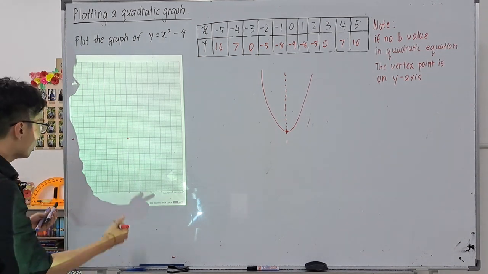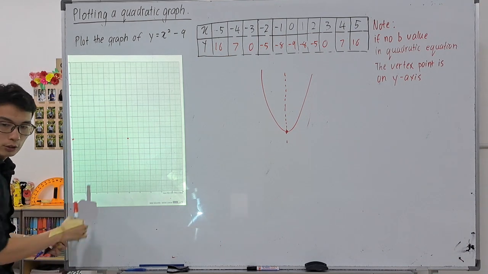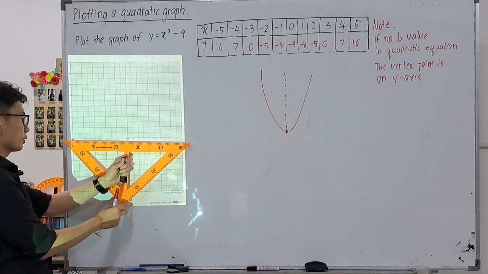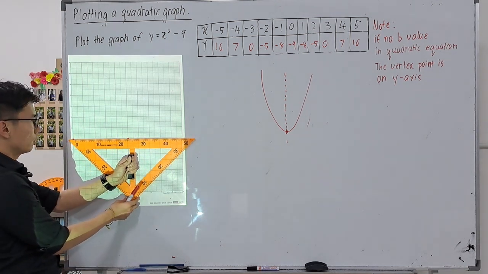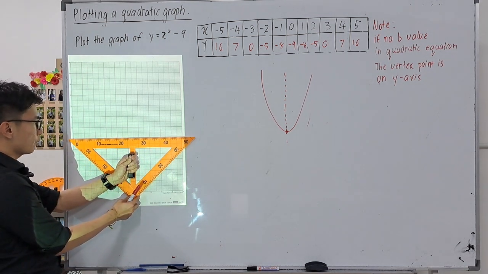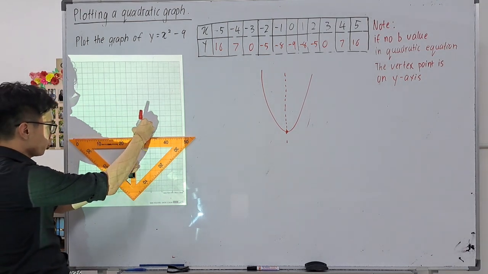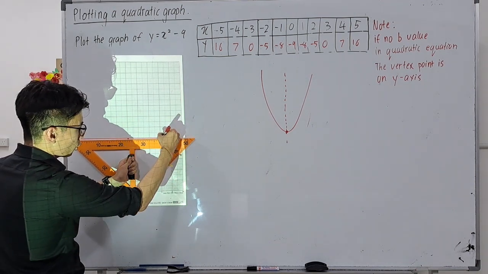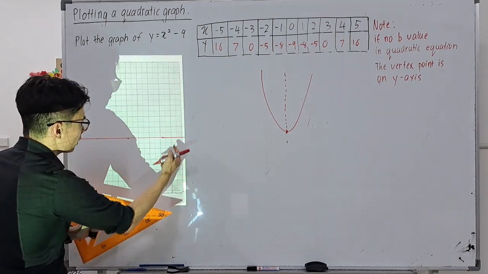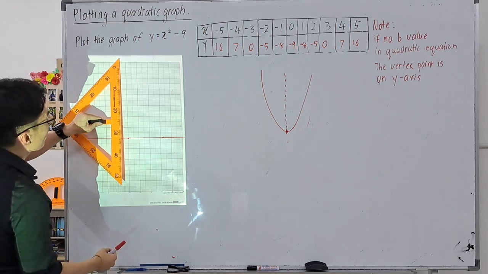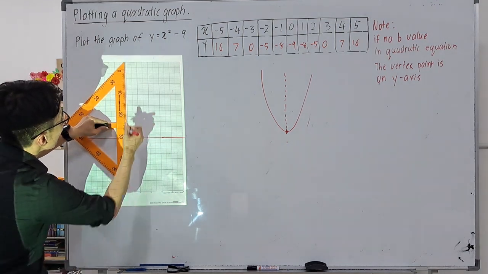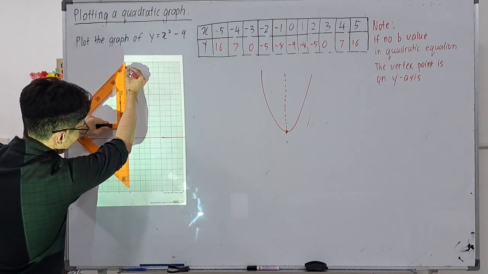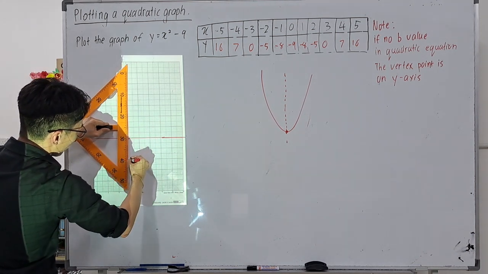So let's now draw our graph. I'm just going to draw my lines, and we can start drawing our coordinates. Again, just a quick tip for everyone. When you are drawing your graph, please make sure you draw your line on the bolded line over there, because this will help you make your graph much neater and tidier, and this will help your examiner to mark your graph as well.